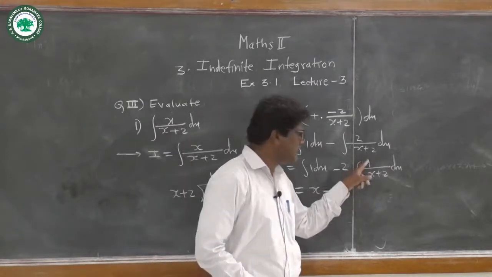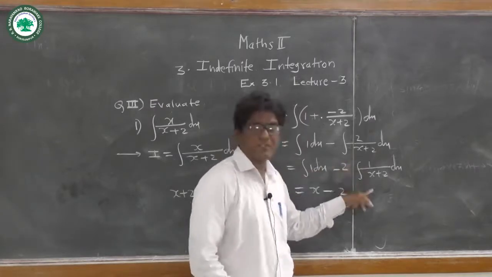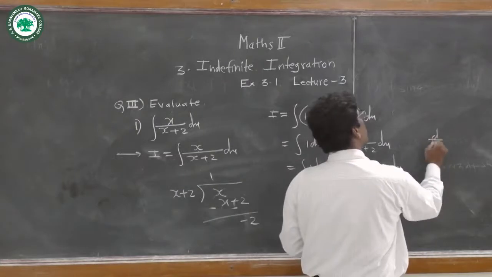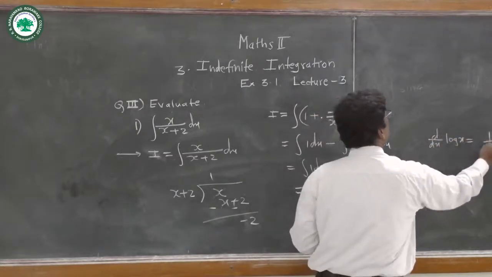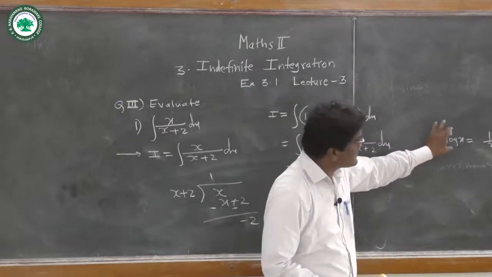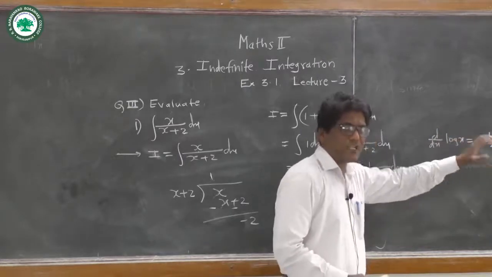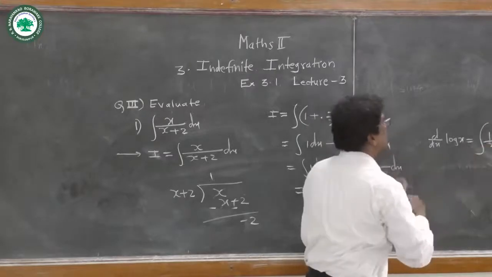Now which is the function whose derivative is 1 upon x? We know that d by dx of log x is equal to 1 upon x. We have seen this standard formula. Since derivative and integration are reverse, taking the integration, we remove the d by dx.